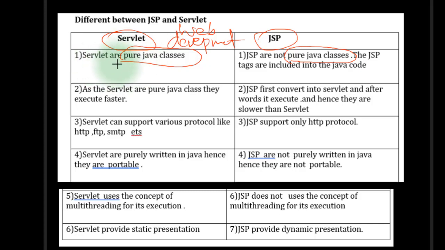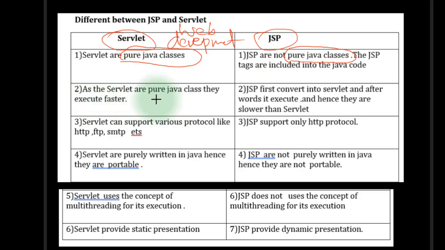We are not able to write HTML or any predefined tags directly in the servlet. But in case of JSP, we can include Java code into the JSP tags. That means JSP has predefined tags. Within these tags, we write Java code.